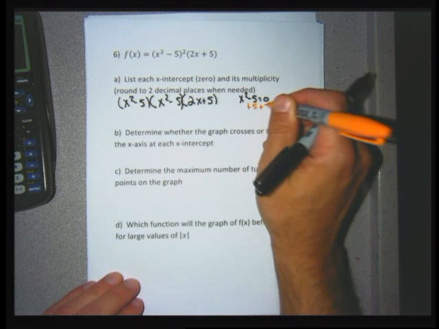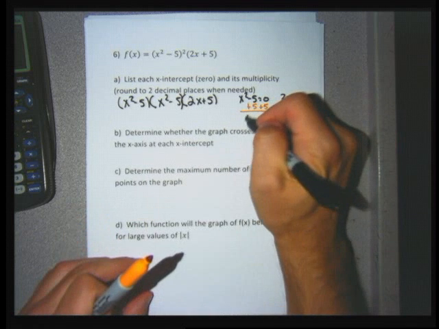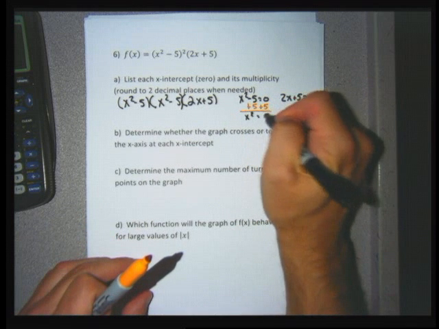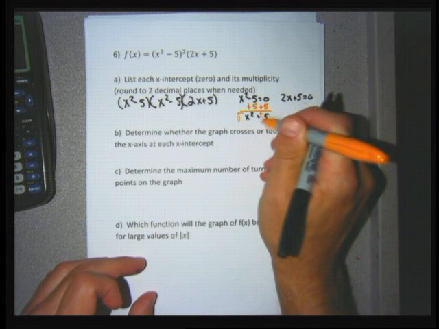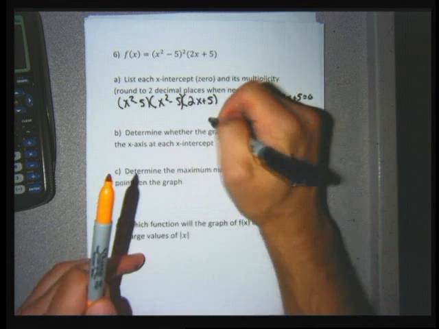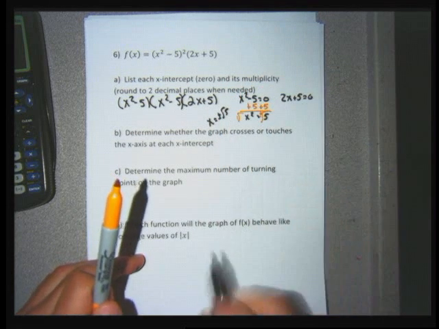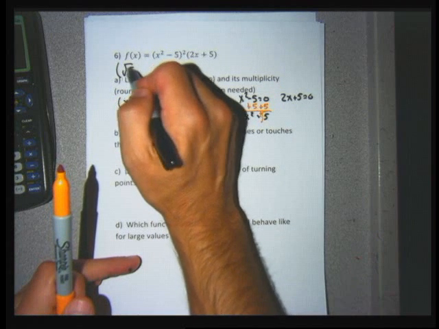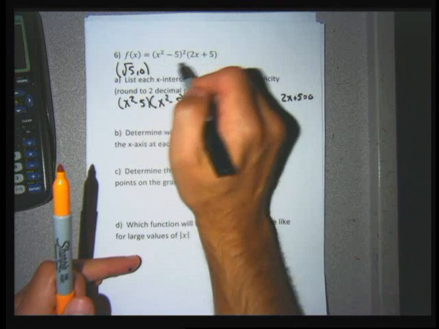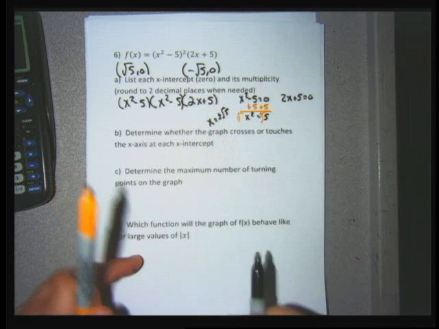That doesn't factor, so I'm going to solve with square roots. I'm going to add 5 to both sides and get x squared equal to 5. And then I'm going to take the square root, plus or minus. And this one gives me x equals plus or minus the square root of 5. So that's going to give me square root of 5, comma 0, and the negative square root of 5, comma 0.